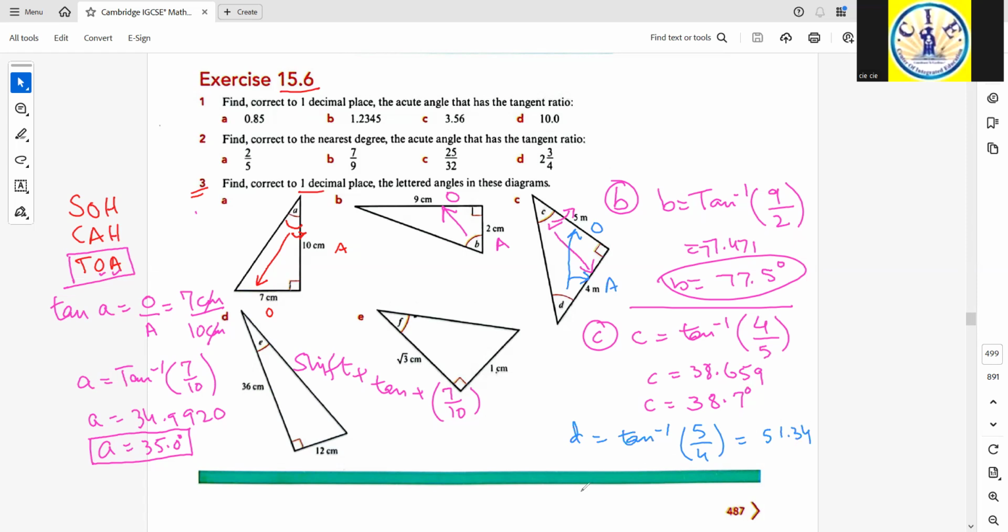And writing it down to one decimal place, we get the angle D to be 51.3 degrees.